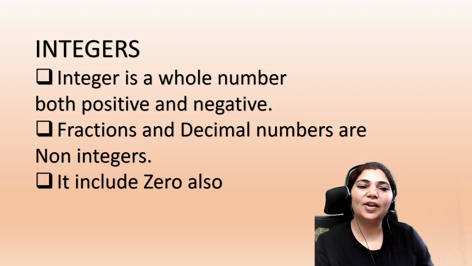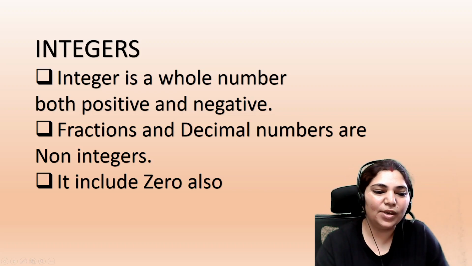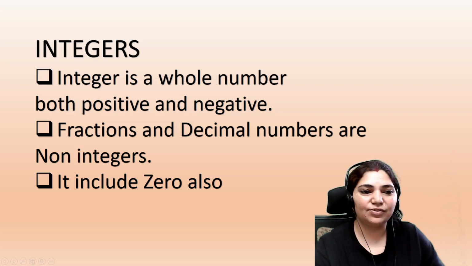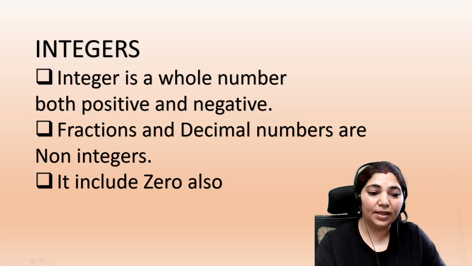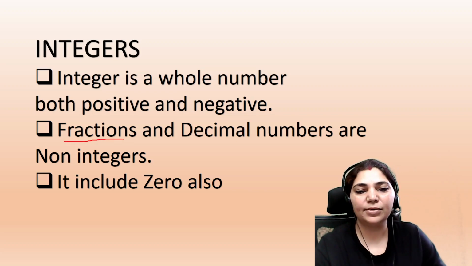Integers. Now what are integers? As we can see, we can define integers as those numbers which are generally whole numbers. Now what are whole numbers? If we talk about whole numbers, then we can simply say that the numbers which are not in fractions and the numbers which are not in decimals are whole numbers.